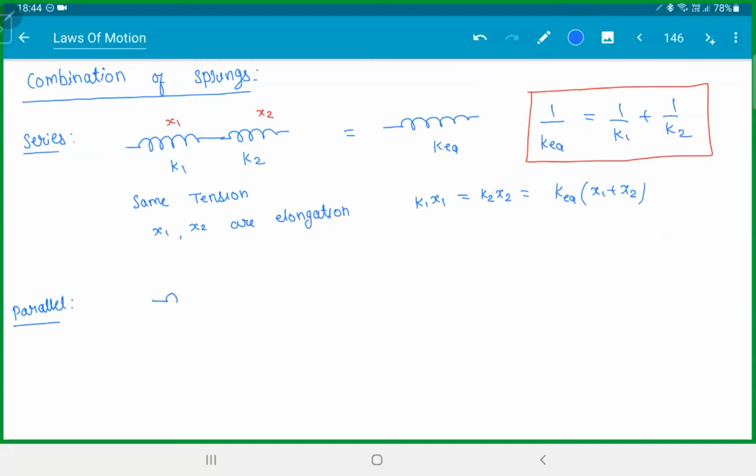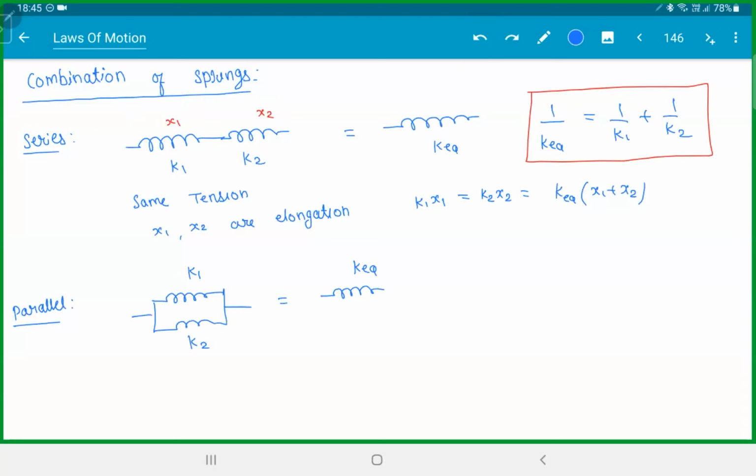If the springs are in parallel, you can think about it logically also, right? If the springs are in parallel, they will work together, so you'll get more force. When they're in series, if one spring is weak, doesn't matter how strong the other guy is, the whole thing will mess up. Are you getting this? If you put a strong guy and a weak guy in a line, you can pull only as strong as the weak guy, isn't it? The statement goes like this: the chain is as strong as the weakest link.